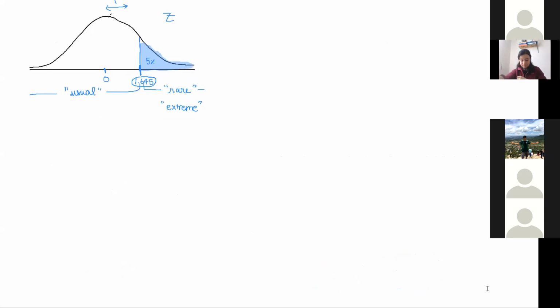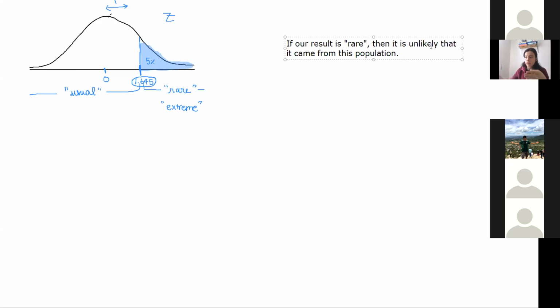Okay. All right, and so that means if a result is rare or extreme, then it is unlikely that it came from this population. And there might be another reason why our result was rare. So what we're going to do is to find the value for our result.